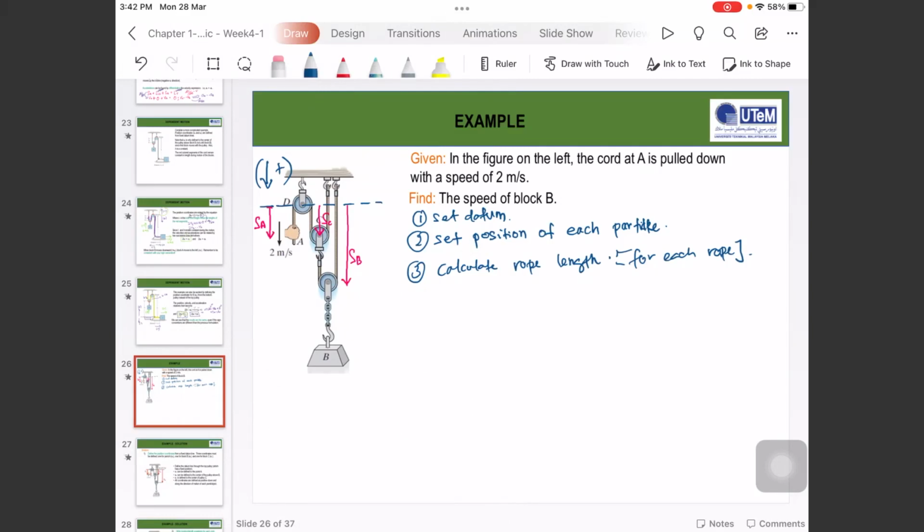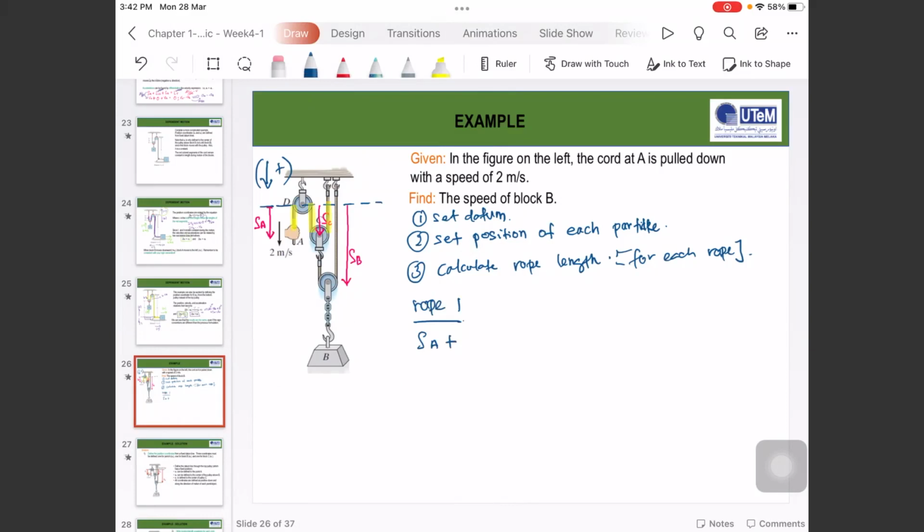So the first rope you have ini, ini. Apa tu? Dia punya equation dia. So you have S rope. Okay.